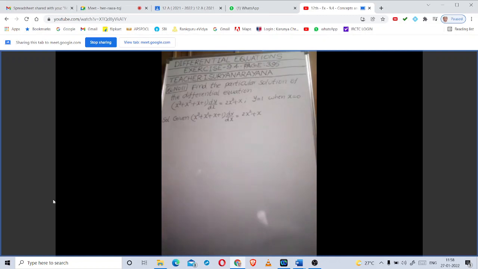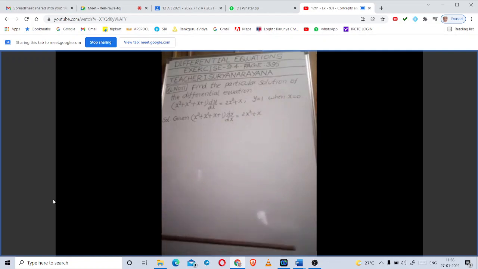Okay, my dear children. Now the second part of this exercise. What is this second part? Find the particular solution of the differential equation x cube plus x square plus x plus 1 into dy by dx is equal to 2x square plus x, y is equal to 1 when x is equal to 0.